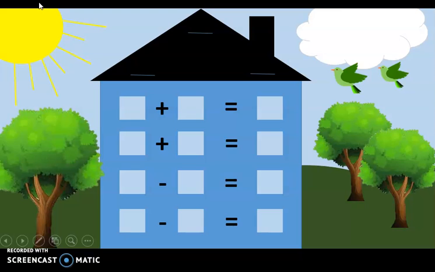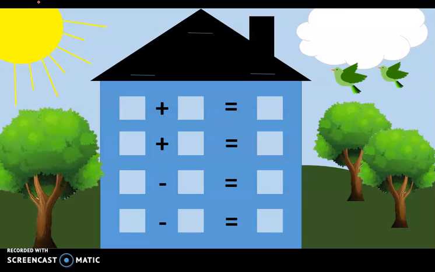So to start out here in our little house, I'm going to tell you a story. Every fact family has 3 members or 3 numbers in it. And those 3 numbers do not change. Every fact family has 2 addition and 2 subtraction problems.